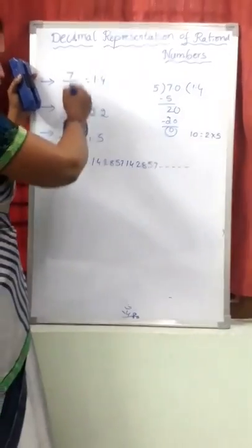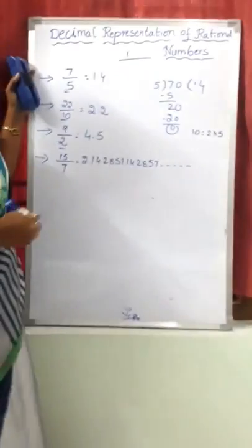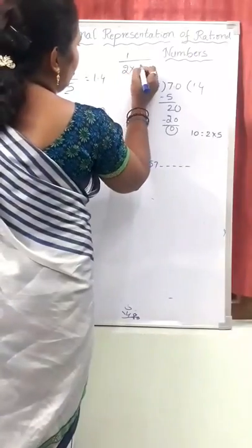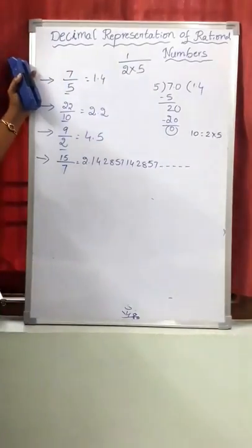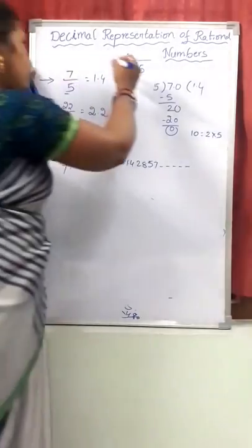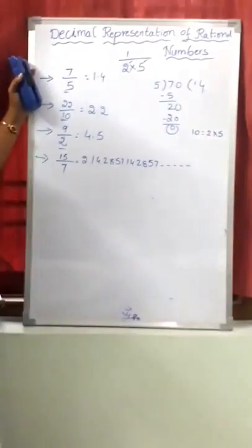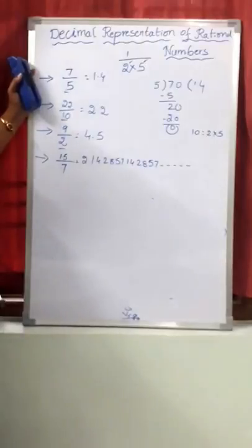So from this we can conclude that if the denominator, on prime factorization, has only 2 and 5 as the prime factors, either only 2, or only 5, or a product of 2 and 5, and no other prime factors, then we can say that those types of decimals are called terminating decimals.